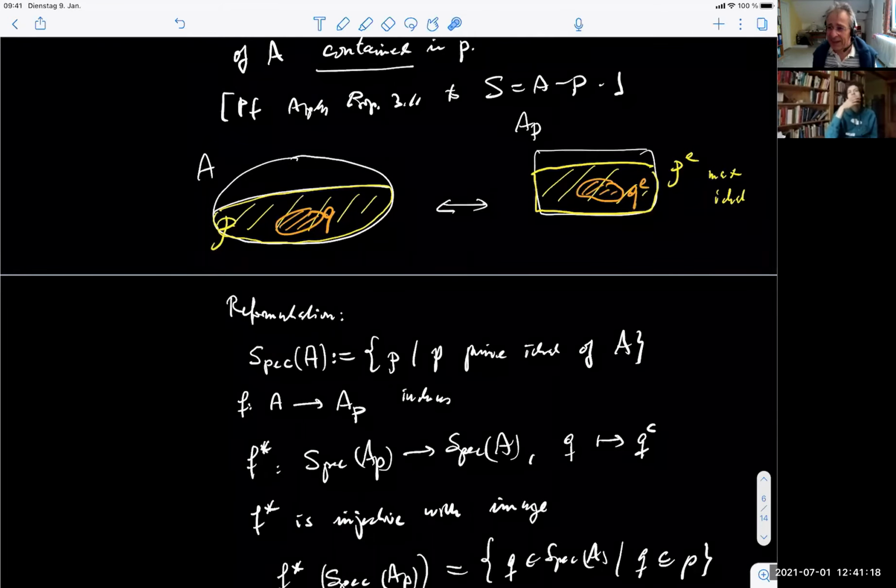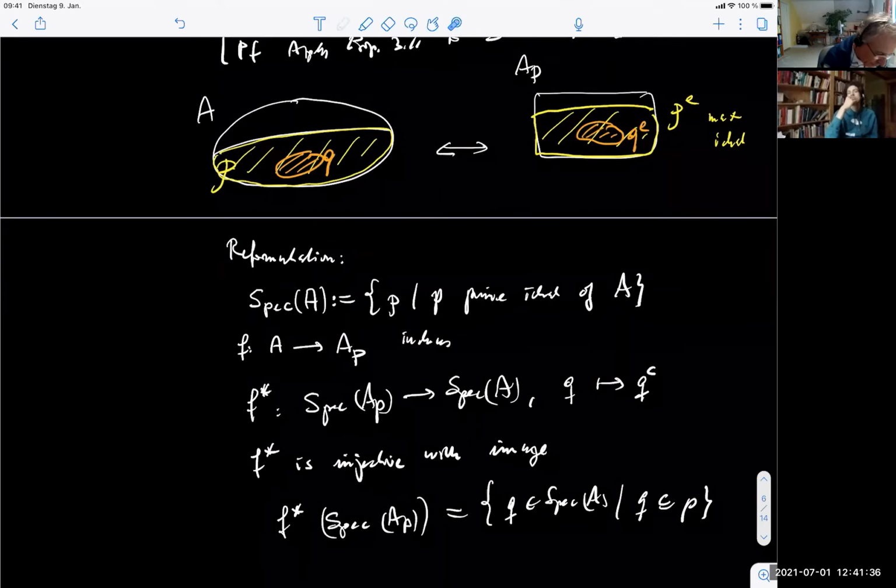But there is an alternative viewpoint. There's also an algebraic way to look at the collection of prime ideals that contain P. Like these guys, I can also do that by going to the quotient ring.